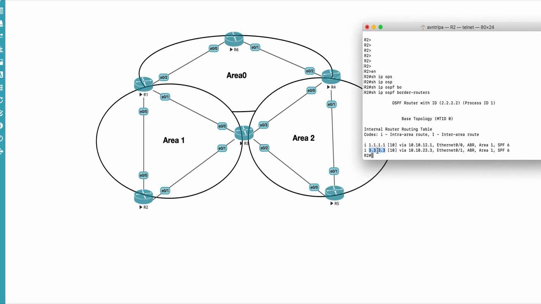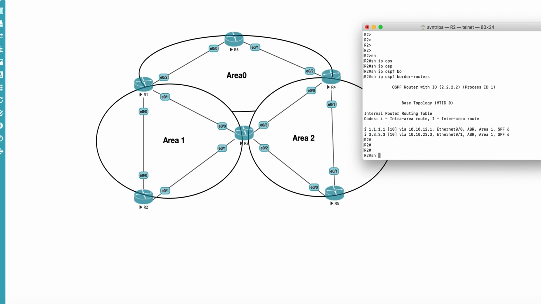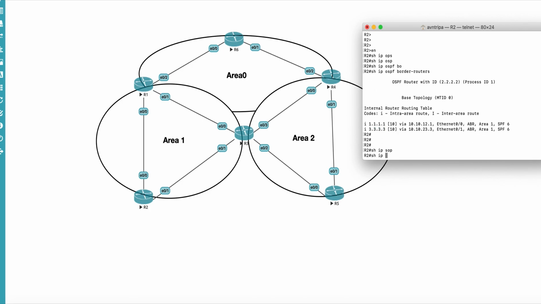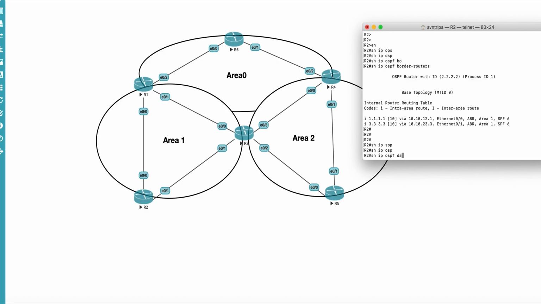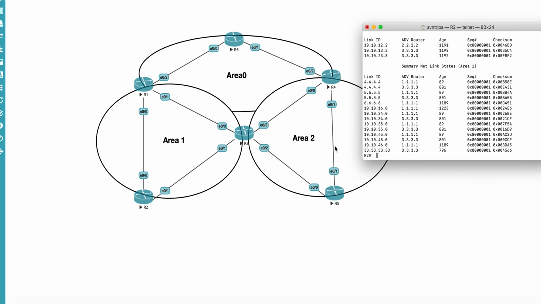R3 does not have full adjacency with area 0, but it has one interface that is created in area 0. So if we check show IP OSPF database here, R2 is learning summary LSAs from R3 as well as R1.